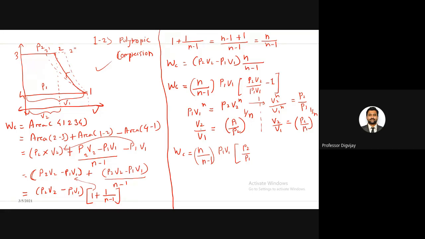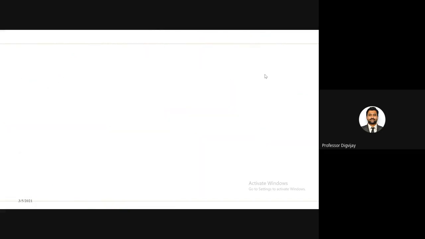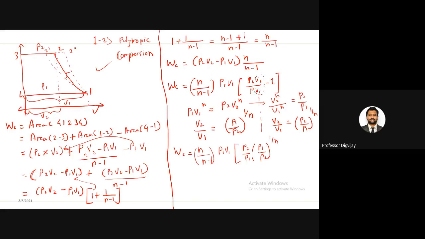First we'll see polytropic compression, then we'll see the isothermal compression. So continuing here, compression work will be equal to n upon n minus 1 P1 V1 into, in bracket, P2 by P1 into, in bracket, P1 by P2 raised to n minus 1, minus 1. I have corrected it here.